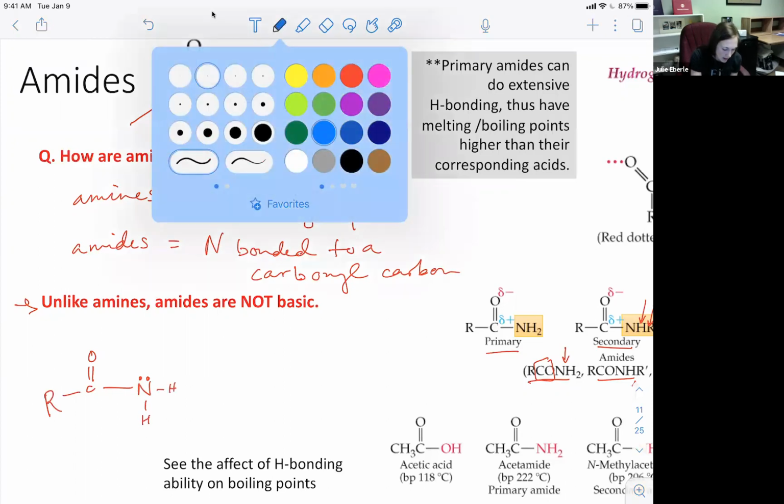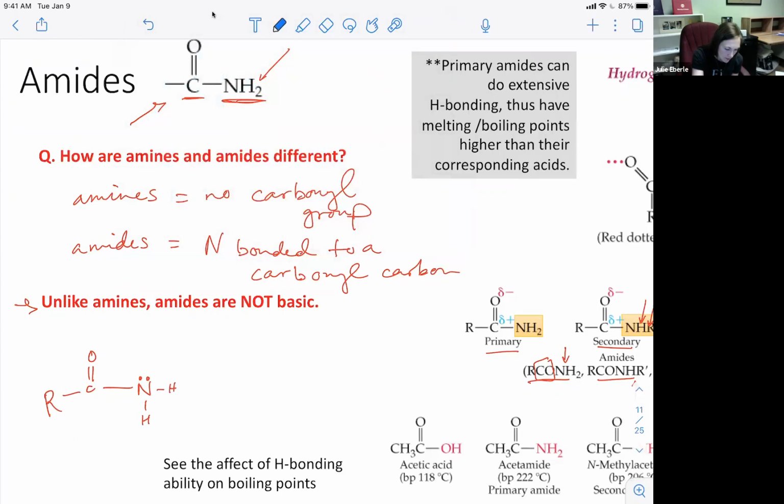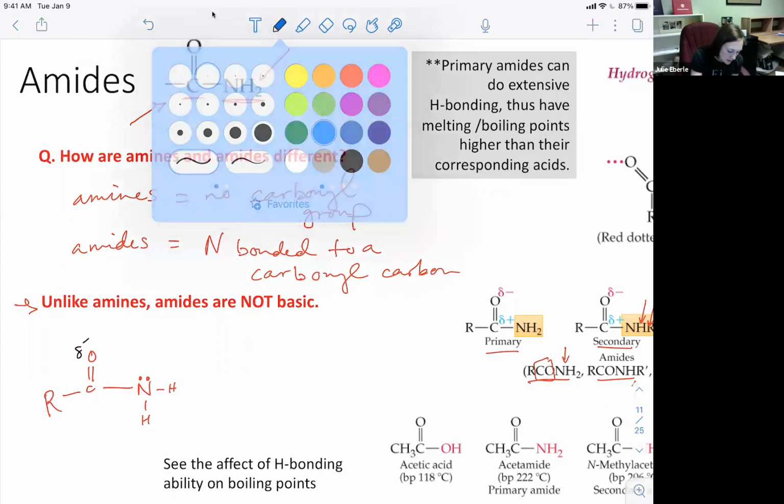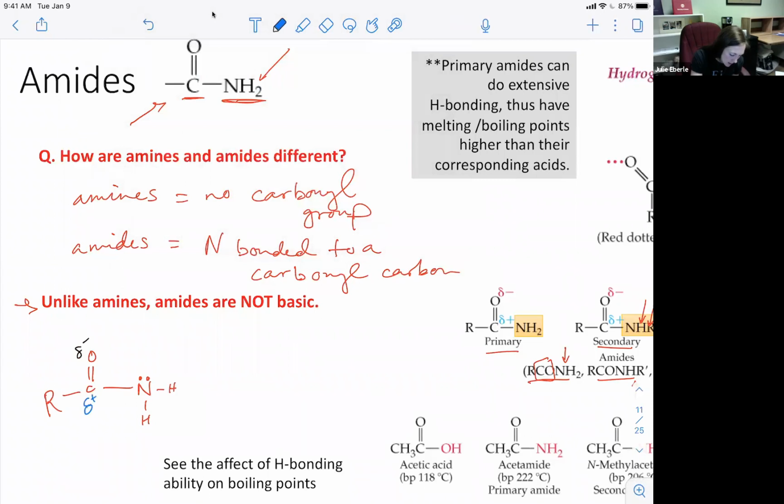So there's a few things to point out. Actually, I'm going to go to black for a second. This oxygen is very electronegative, right? We know that about carbonyl groups. That also means this carbon is very electropositive, because all the electrons in these bonds are drawn towards oxygen. They're pulled towards oxygen, all those electrons. So that's why we say, I'll redraw this, that this carbon is partial positive.